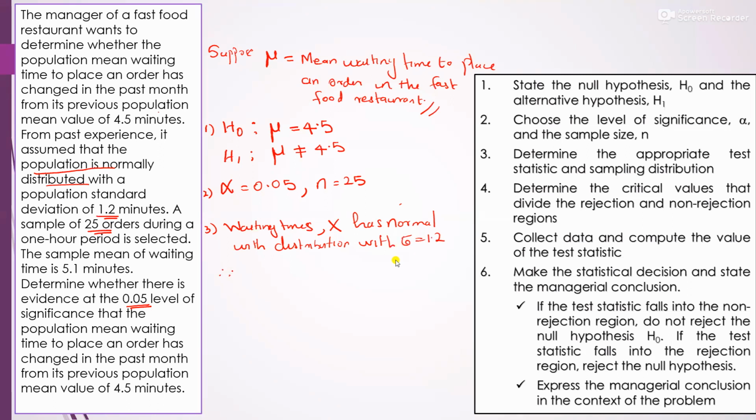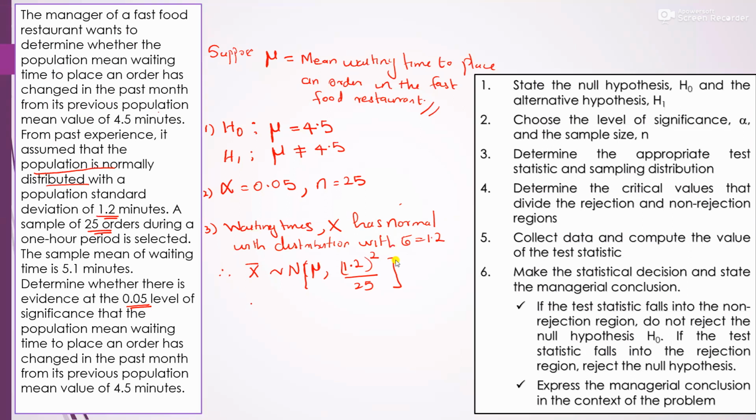Therefore, according to mu, the corresponding statistic is X bar, the sample mean. So X bar has a normal distribution with mean mu, right? It is unknown. We have to decide, right? With mean mu and standard deviation sigma squared over n, that is 1.2 squared over n, with n being 25.